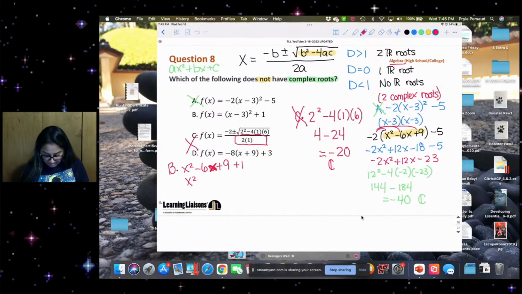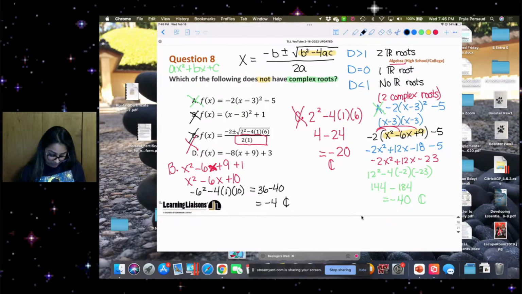So I'll have x squared minus 6x plus 10. Now all I need to do is plug in what I know into the discriminant. So I will have negative 6 squared minus 4 times 1 times 10, which is actually going to give me 36 minus 40, which is equal to negative 4, which so happens to also be complex. So the only answer I have left is D.